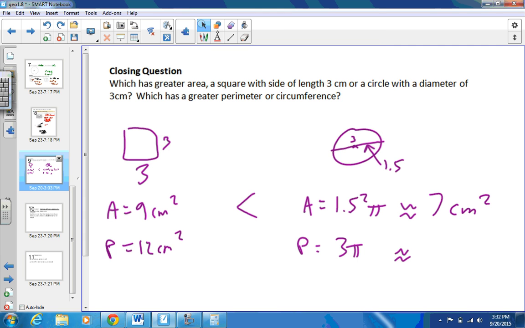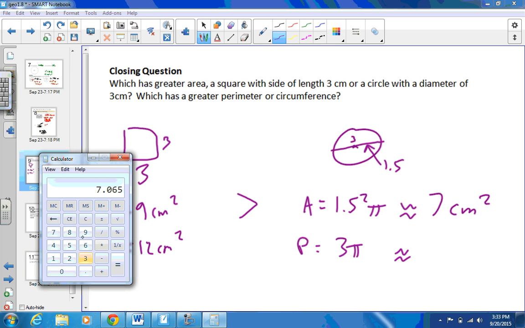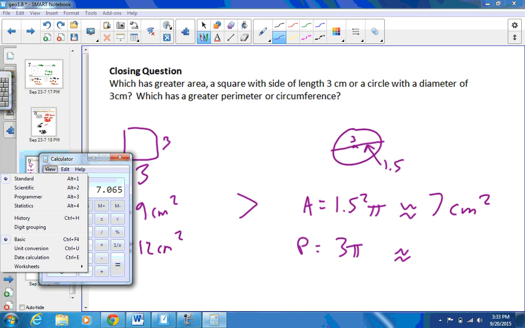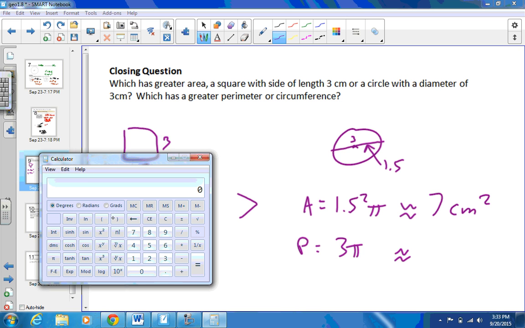Let's take a look at this. Spin it around. So the area of the square is bigger. Now let's check the 3 pi. I think I can make this. There you go.